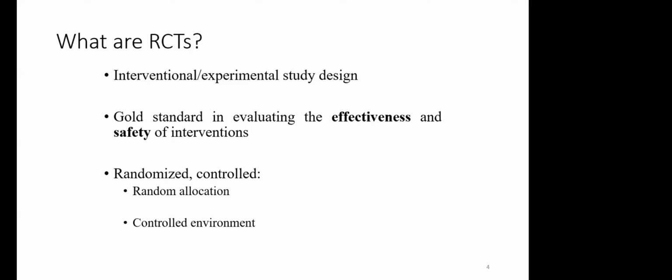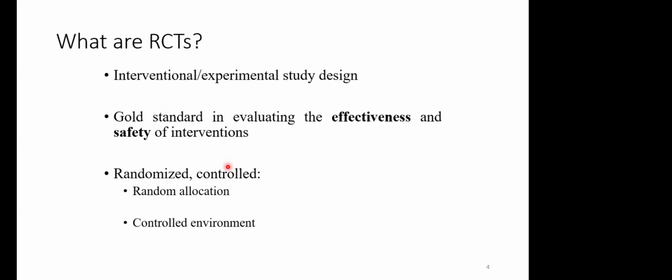Randomized controlled trials are an interventional or experimental type of study design, and they're usually considered to be the gold standard in evaluating the effectiveness and safety of interventions. And in subsequent slides, we'll try and see why they're considered the gold standard. So they have two key features: randomization, and they're also controlled.